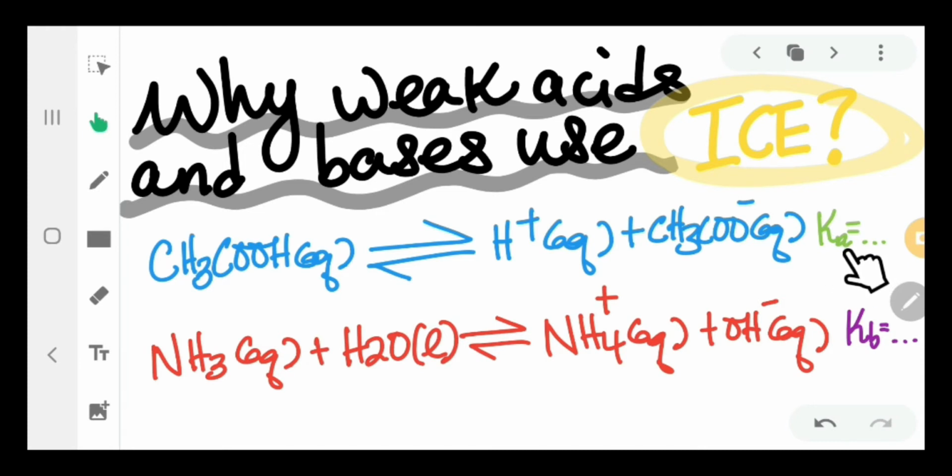Ka here is your acid dissociation constant. For the base, as you can see, you have this dissociation happening right here, existing at equilibrium. For a base, it will have a Kb value, your base dissociation constant.